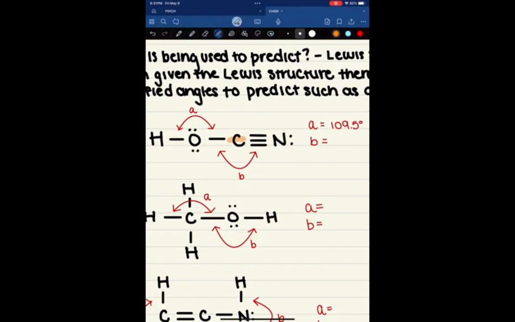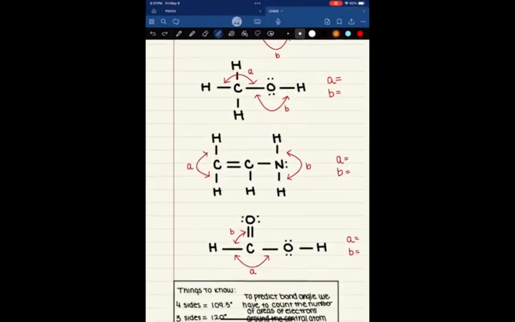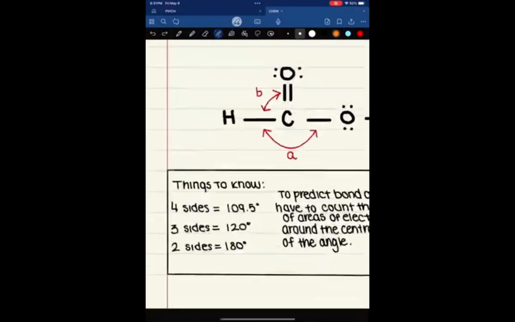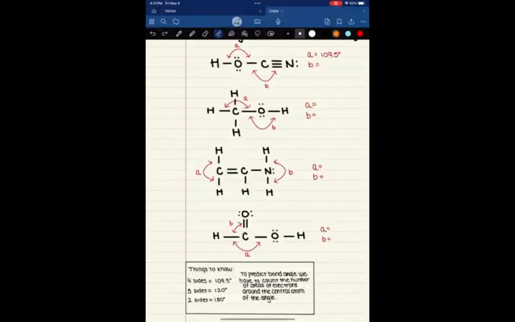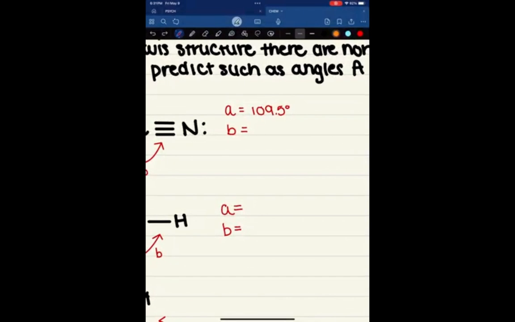And we're going to have 2 sides, 1, 2. So for 2 sides or areas, we're going to have 180 degrees. So for angle B, 180 degrees.